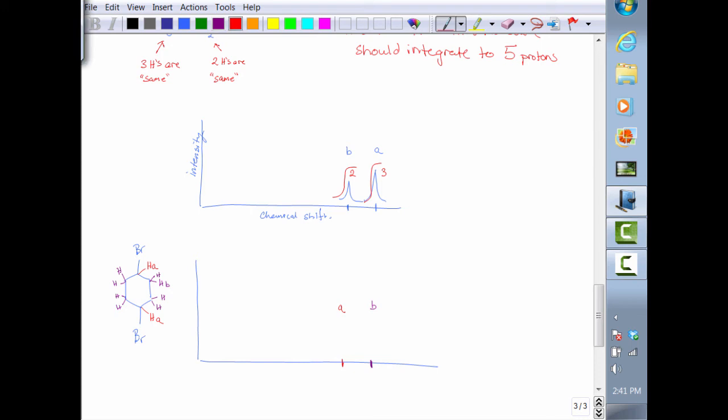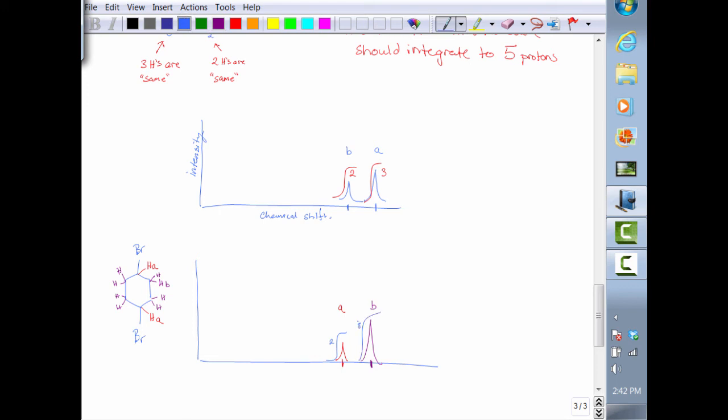Yep. So I'm going to have a little blip for A. If I looked at the integration here, it would be around 2, right? For B, how many protons are there? 8. So I'm going to have a much bigger peak for B, and it's going to integrate for 8.